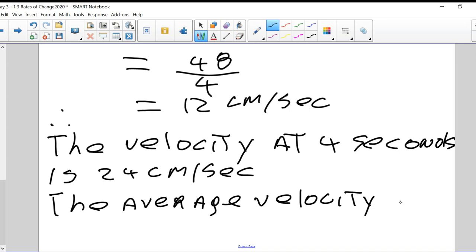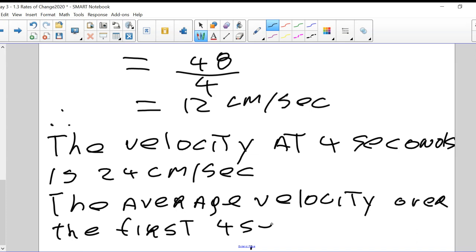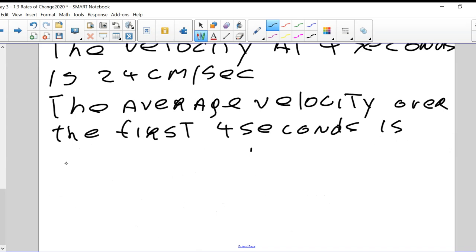Average velocity over the first 4, meaning from 0 to 4, is 24. No, 12, sorry. 12 centimeters per second. So the average over the first 4 seconds is 12, and then by the time you get to the 4th second, you're up to 24. Clearly, this thing is actually speeding up. Okay, accelerating. And we're going to spend more time on acceleration and all of that stuff in a future class.